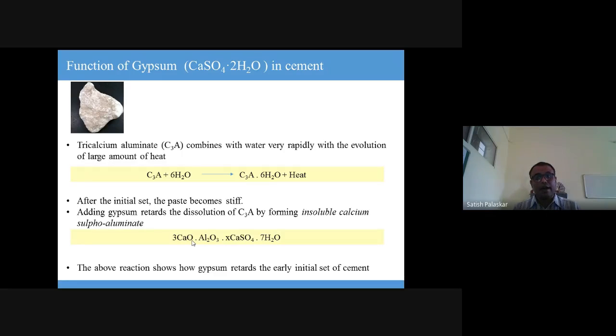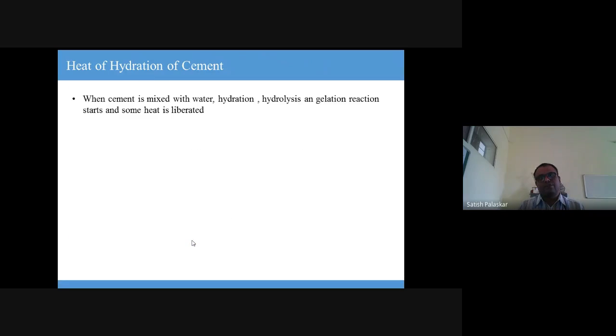So it will retard the reaction, which means the amount of heat released is also reduced. The above reaction shows how gypsum retards the early initial set of the cement. That's how it is added. But excess gypsum, as you have seen, again causes an adverse impact.